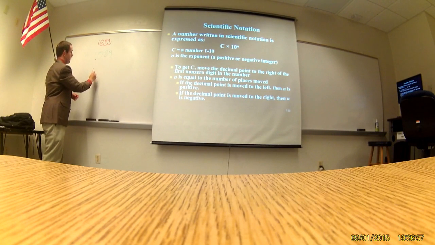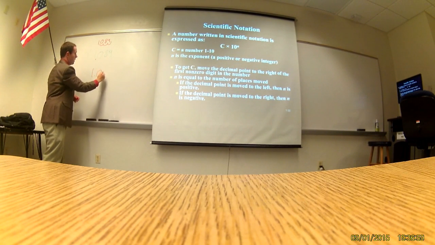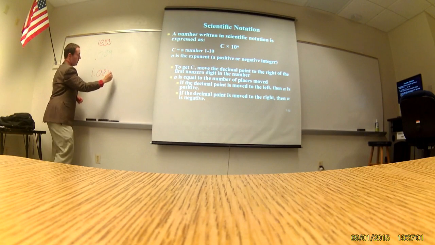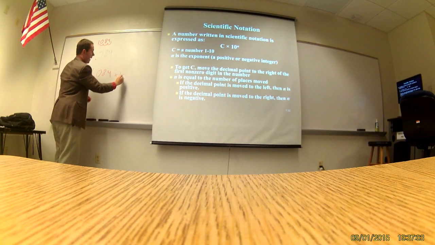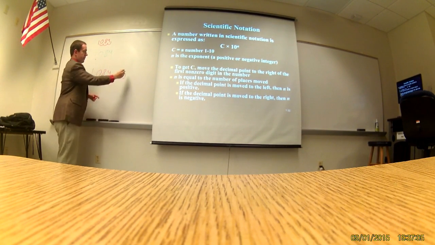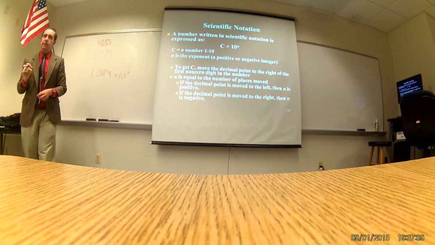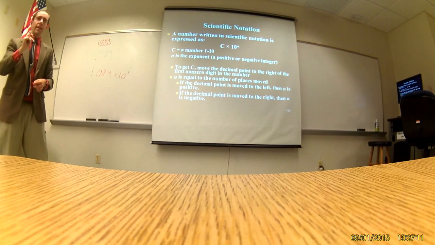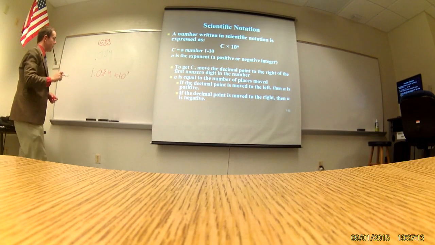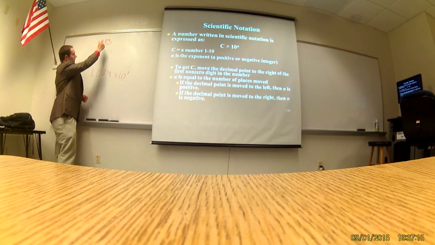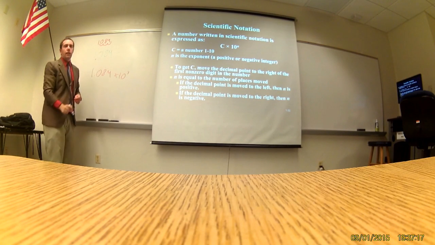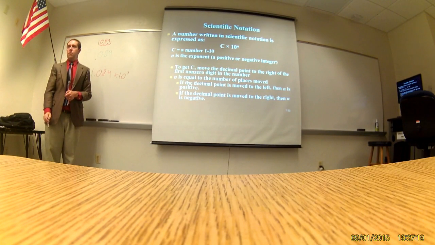So my scientific notation, we have 1.084 times 10. We moved 3 places, so it's a 3. We just have to figure out whether it's a positive 3 or negative 3. If you move to the left, it's a positive number.